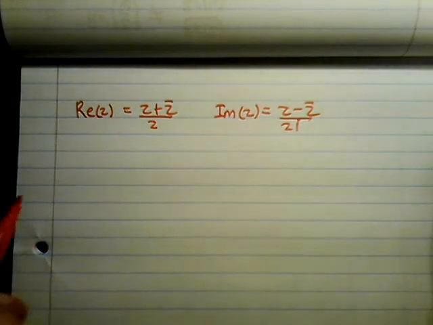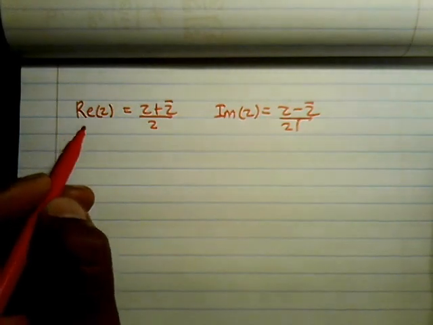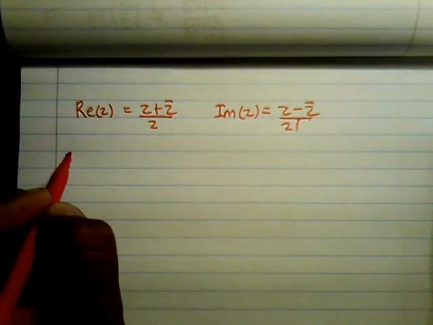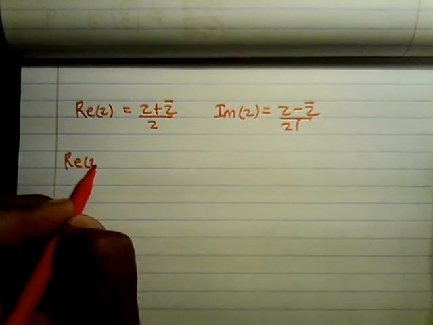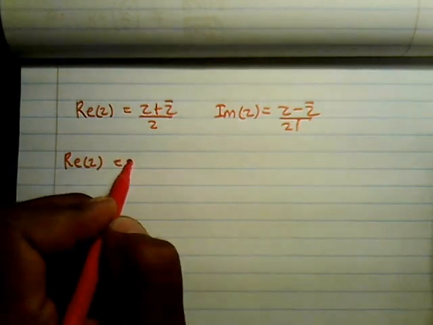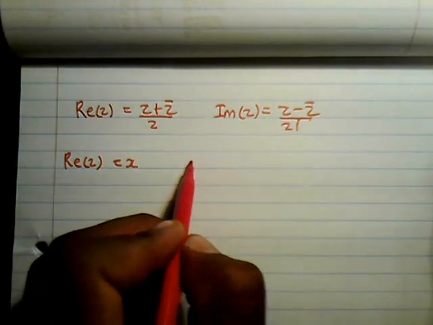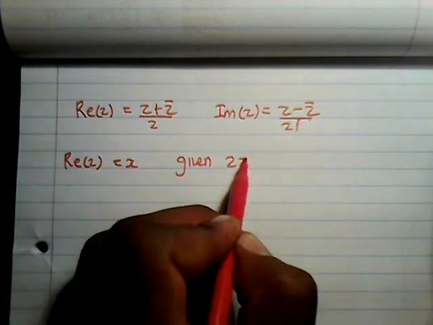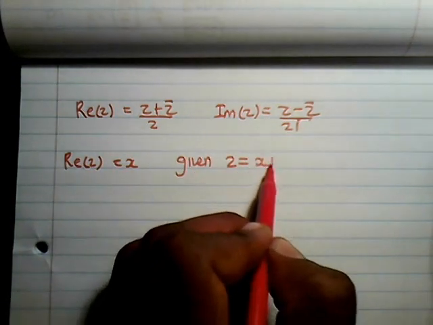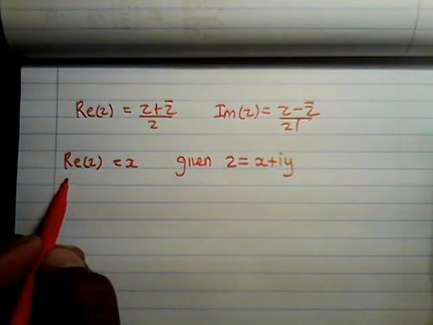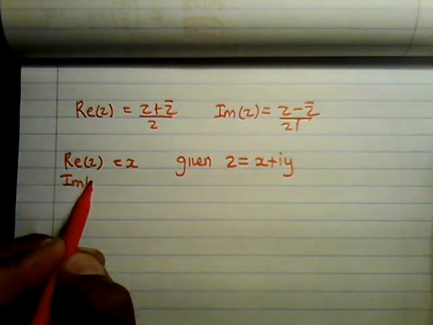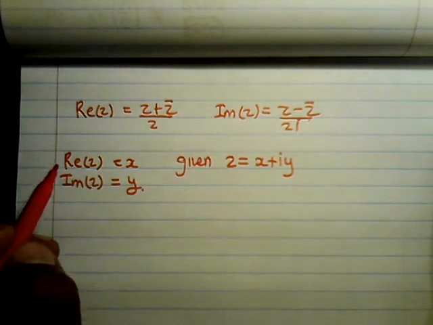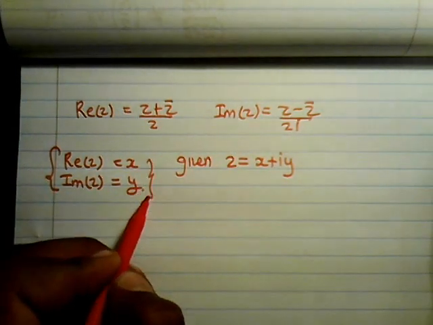Okay, so I'm gonna start with the real part first, but I want you to remember that we said Re of Z is equal to X, given that Z is equal to X plus iY, and Im of Z is equal to Y. Okay, take note of this, we're gonna need them.